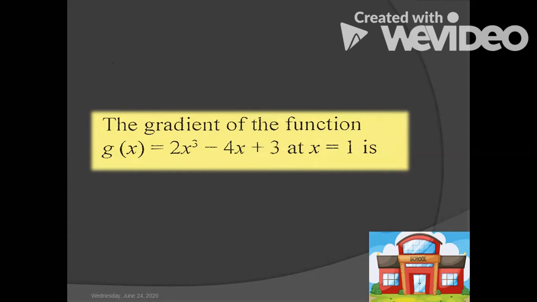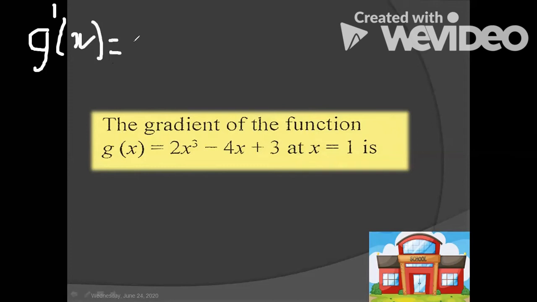What we're going to do is differentiate this function here. So this is going to be g prime x.